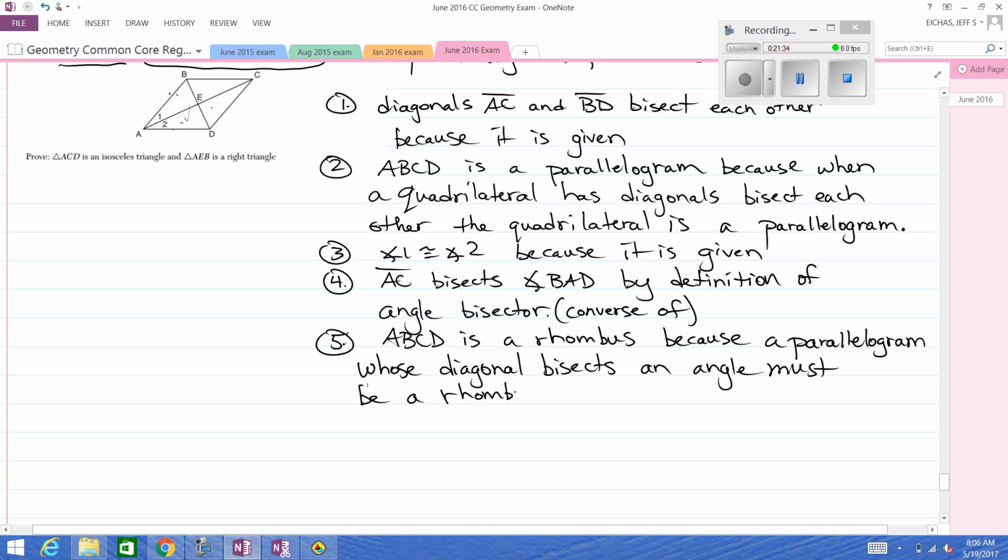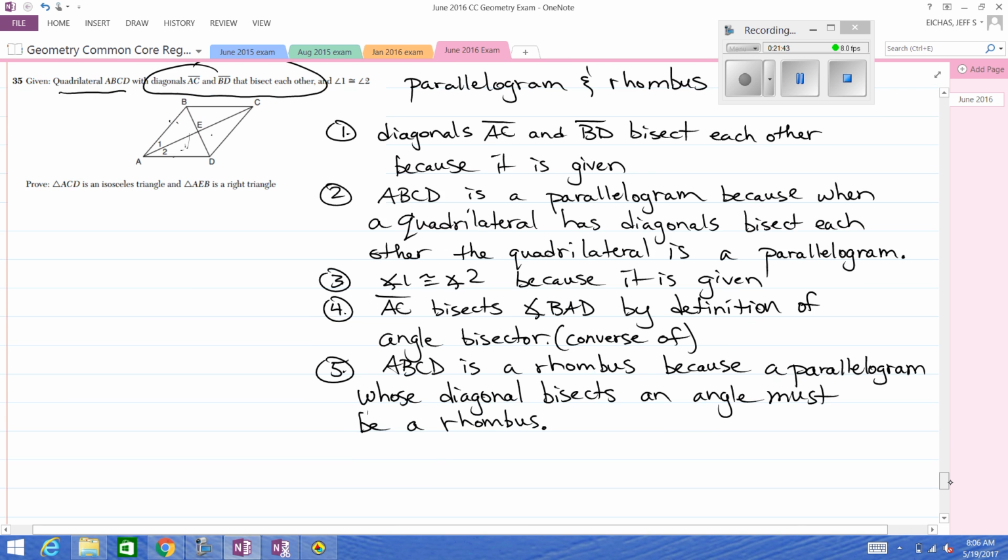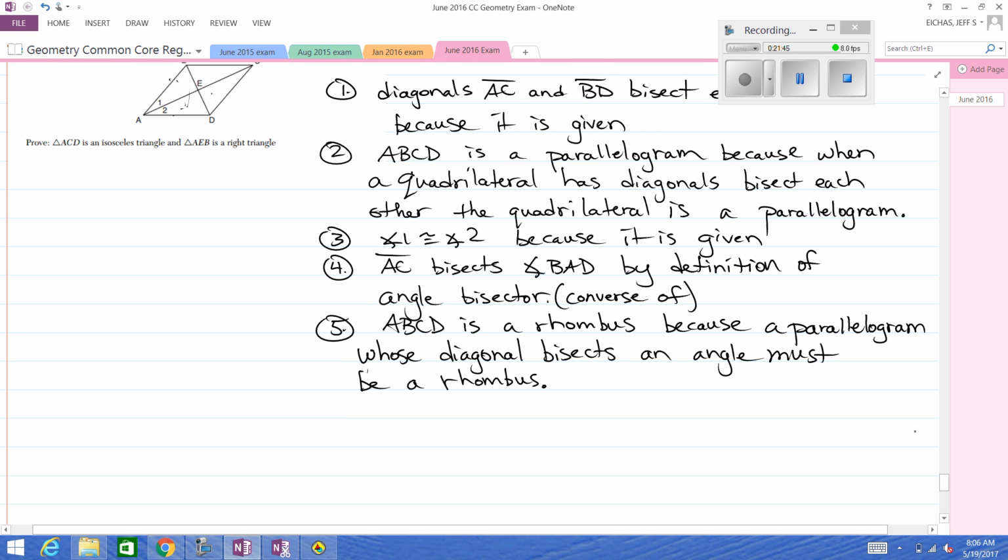And that's one of our properties, so we can use that. All right, now we have a rhombus. So from that, we can get some progress towards what we're trying to prove.